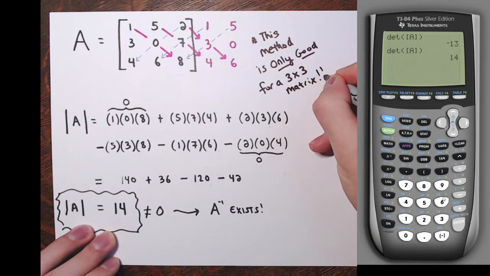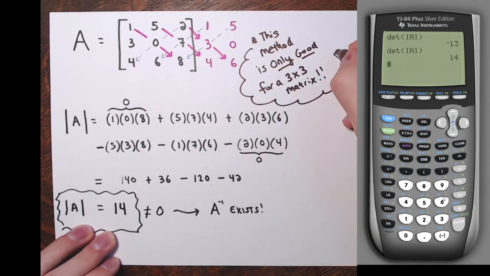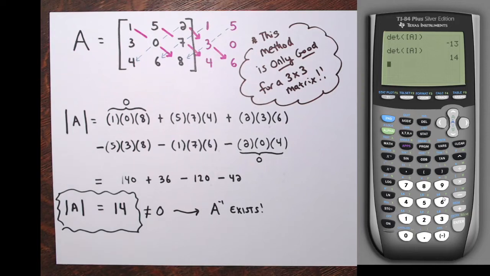So in the later sections, when we start looking at larger matrices, 4 by 4, 5 by 5, 6 by 6, etc., this procedure won't work. This is only good for a 3 by 3 matrix.